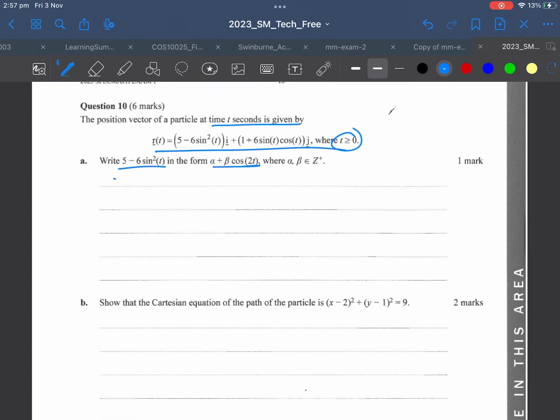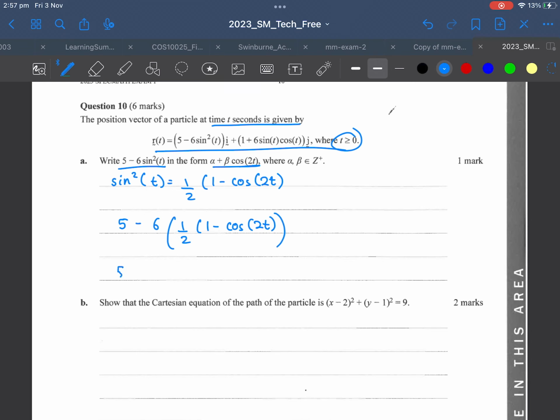Okay, so we know that sine squared of t equals half of 1 minus cosine of 2t. Right, which looks similar to this form, so we can just use that. So 5 minus 6 times half times 1 minus cosine of 2t.